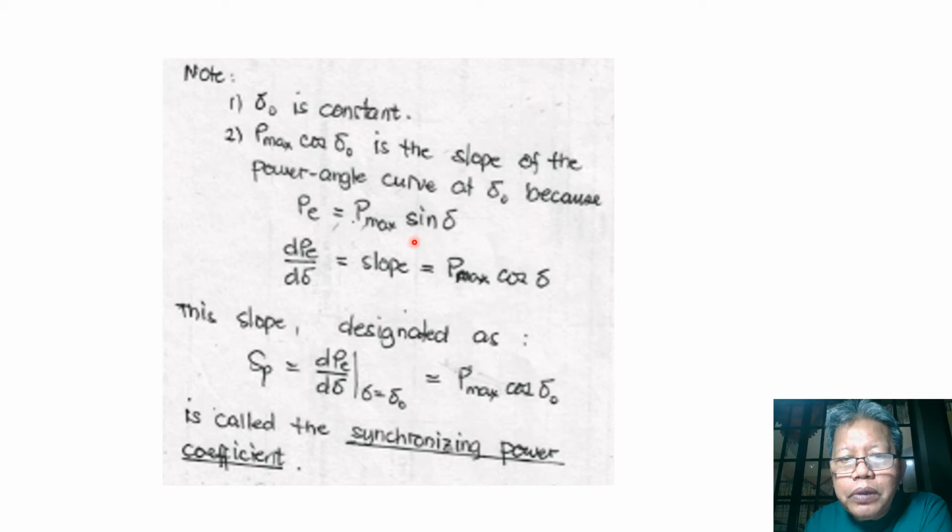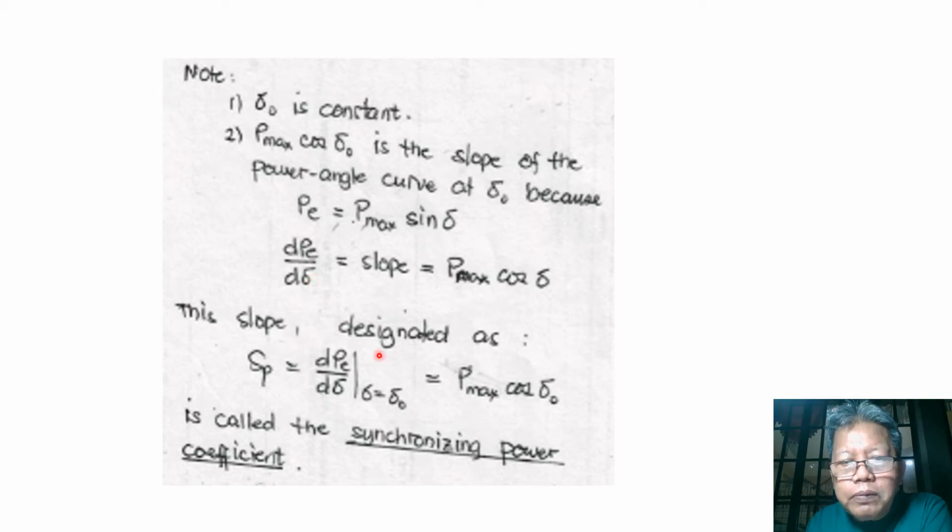And when we evaluate this, it would just be equal to P max, since the derivative of sine is cosine, so we have P max cosine delta. So P max cosine delta is just the slope of the power angle curve, and this is equal to dPE over d delta.